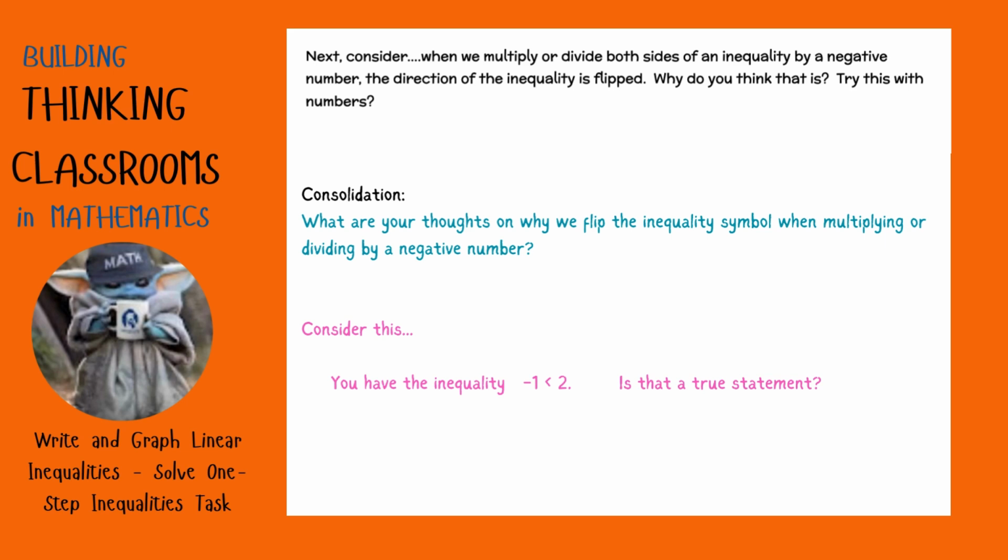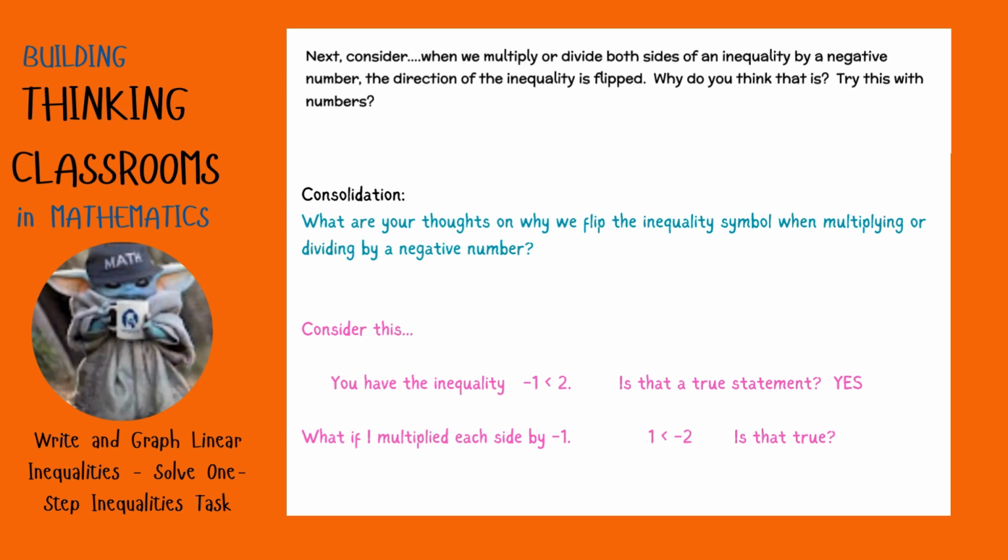You have the inequality -1 is less than 2. Is that a true statement? They should get to the answer, yes, it is a true statement. But now, what happens if I multiply each side by -1? Just like we can do with a normal equation, what we do to one side, we have to do to the other. What's going to happen?